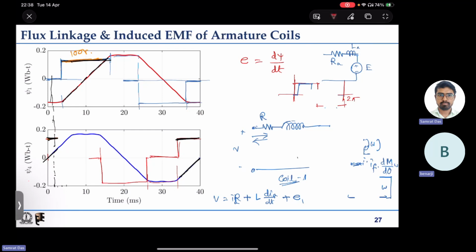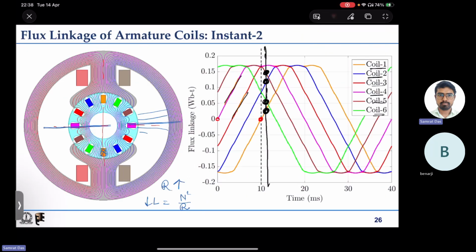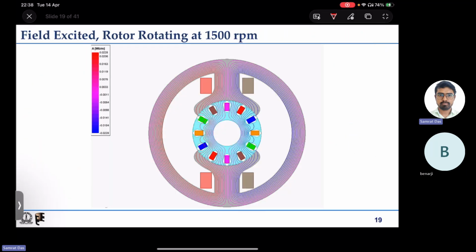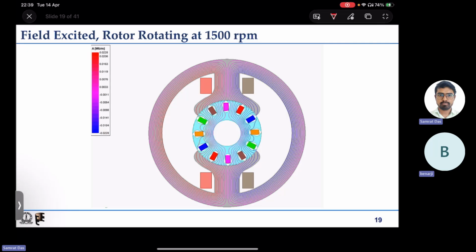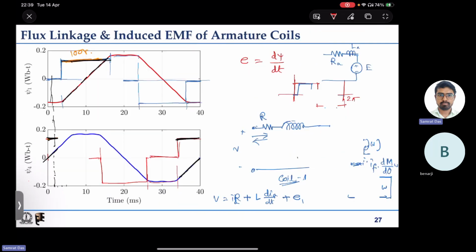Actually, in one of the lectures, sir, we have some figure regarding the current and the voltages. I guess in the last class, you have shown the current and displaced voltage waveforms, sir. Yes, yes, sir.